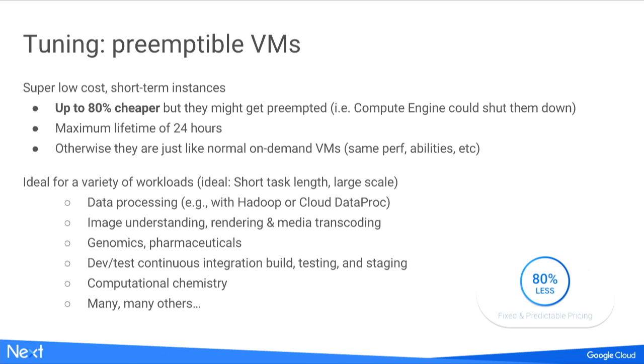If you use those, you'll find that they're almost 80% off of list prices. In some cases they are 80%, in some cases a little bit less. The only restrictions are that there's a maximum lifetime on that VM of 24 hours, and there's a small probability that we might take back the VM early. We'll give you a short warning of about 30 seconds and say, hey, we need that back.